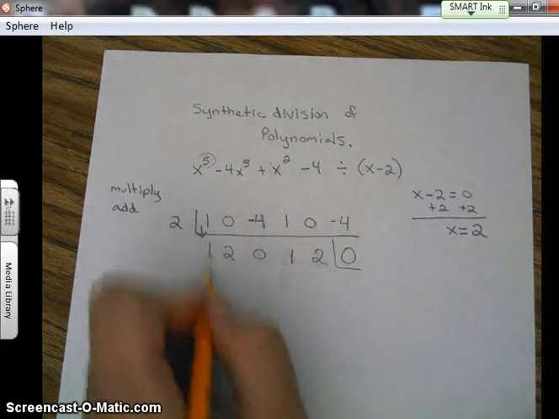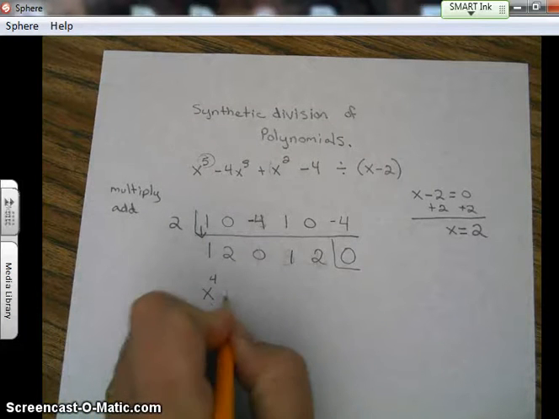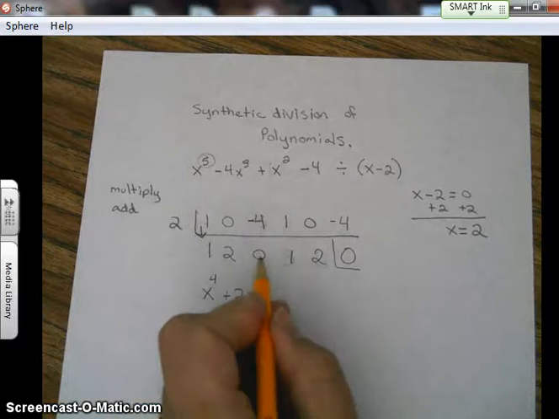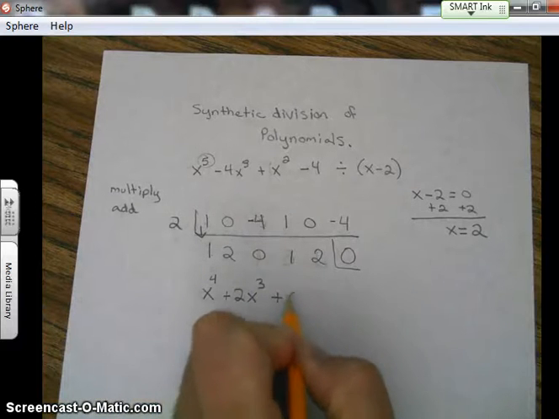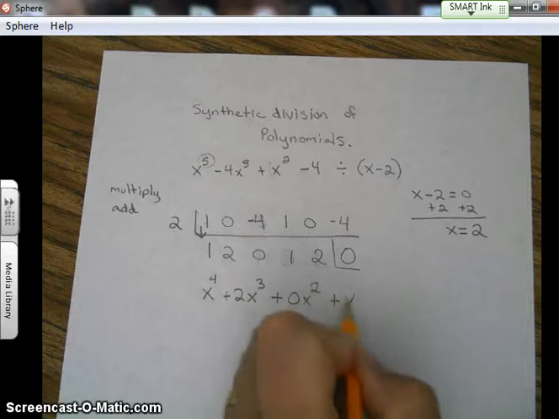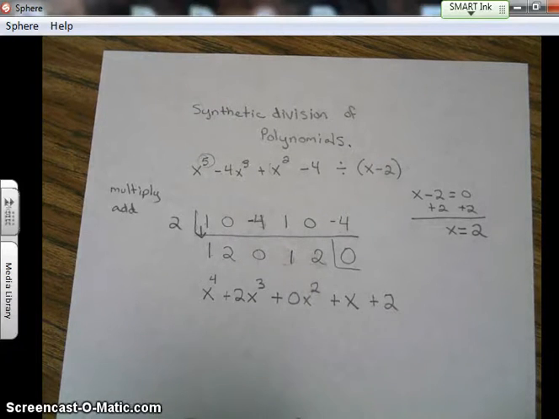So the 1 goes with the x to the 4th. Then the 2 goes with x to the 3rd. Then the 0 goes with x squared. Then the 1 goes with the x. And then the 2 is our constant.